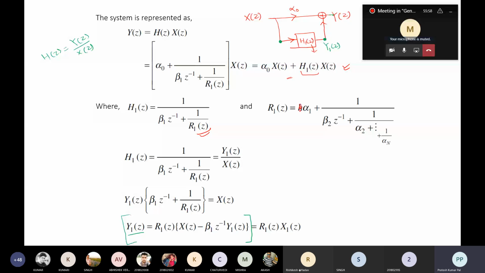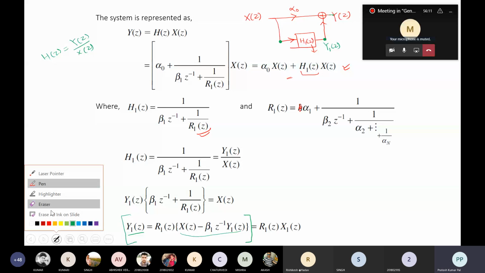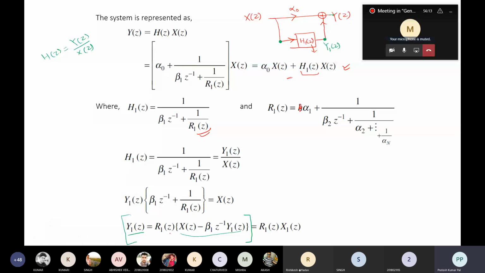From there, whatever r1 z is there will be multiplied by this term. So it is like a structure called r1 z multiplied by another input.